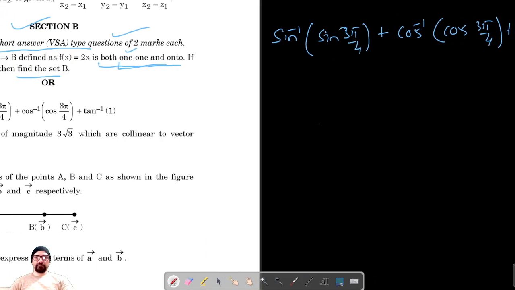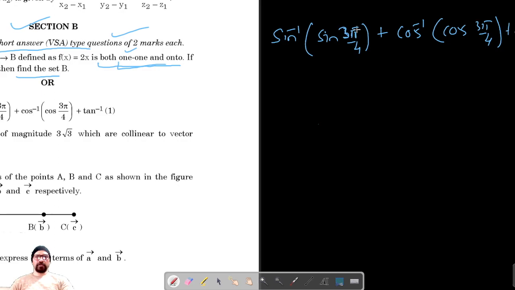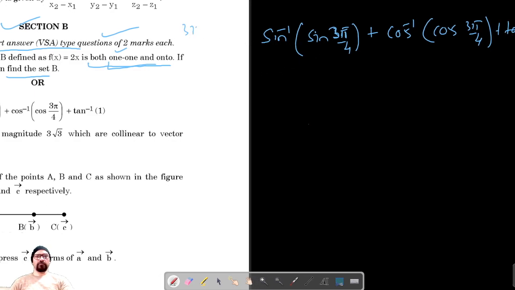Okay, now 3 pi by 4 is equal to 3 into 45, which gives us 135. And 135 degree does not belong to the principal range minus pi by 2 to pi by 2.